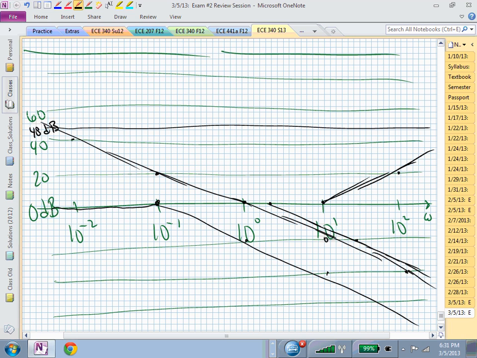I now go up to 88, wherever that is, is this 40, 60, 80? So I'm way up here at 88. So I would say there's 88 dB.